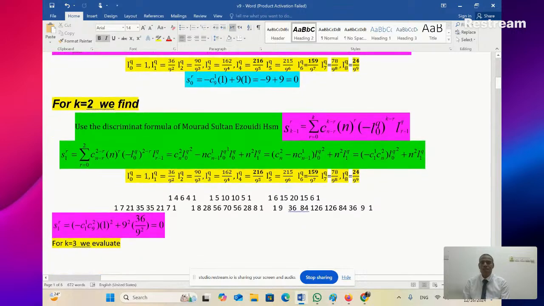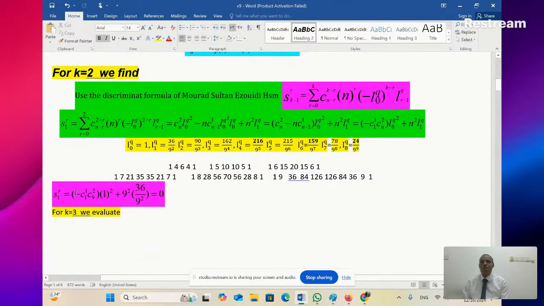Now just calculation. You can use your calculator, learners. S1 is equal to negative 1 choose 1, 9 choose 2, 1 squared plus 9 squared times 36 over 9 squared, and 9 squared over 9 squared is 1.